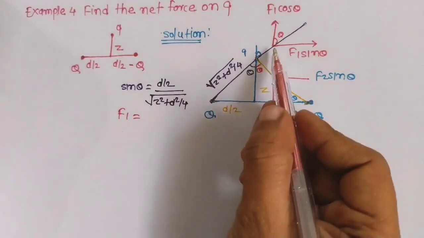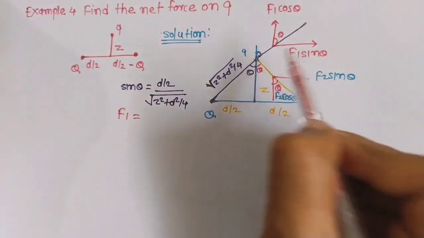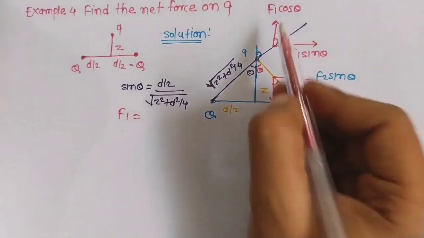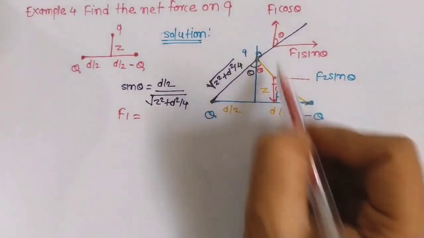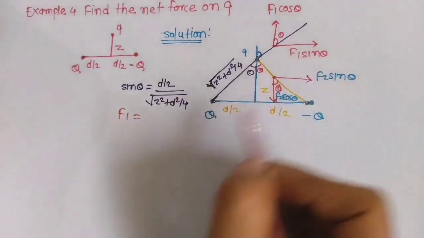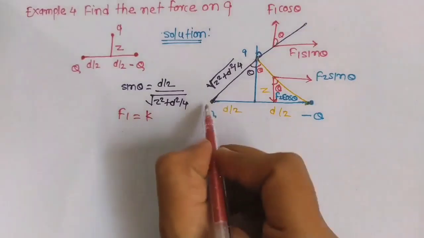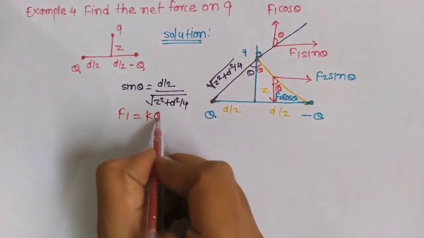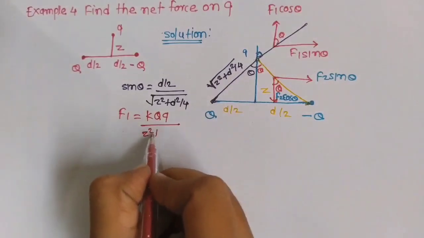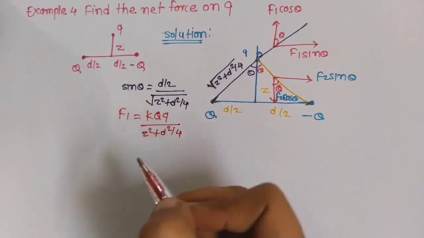This F1 is equal to K Q Q upon distance square, which is z square plus d square by 4.